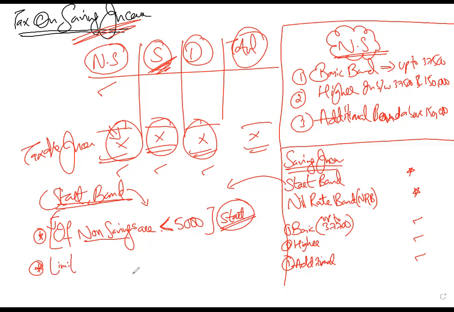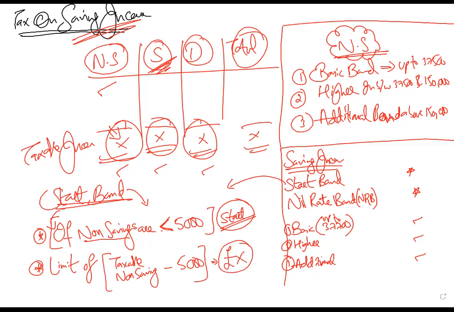The start band will arise only if non-savings are less than 5,000, and if it arises, it will have a limit of taxable non-savings minus 5,000. This formula will give us the limit of the start band.